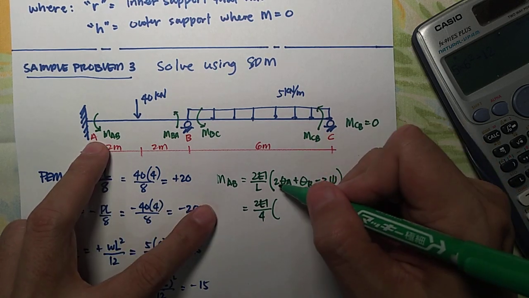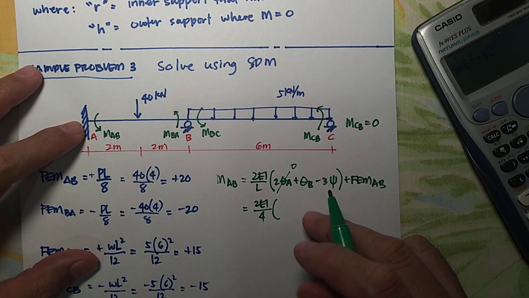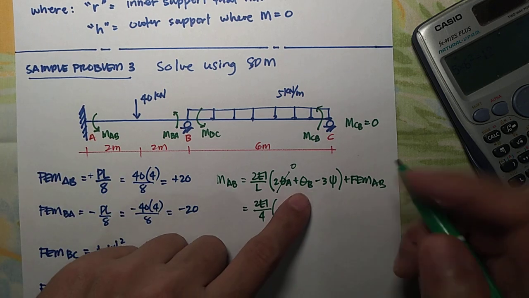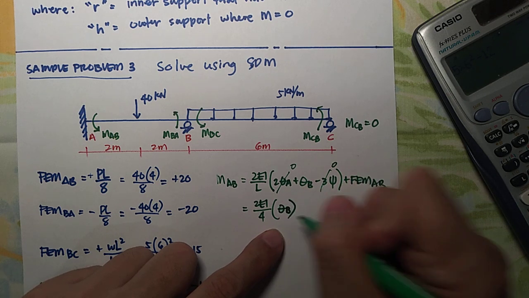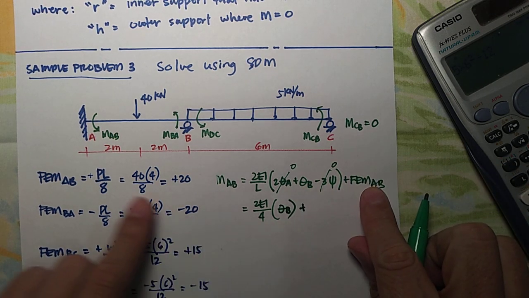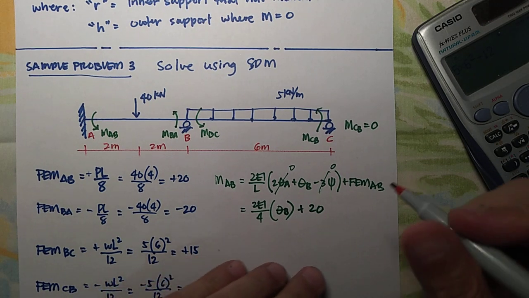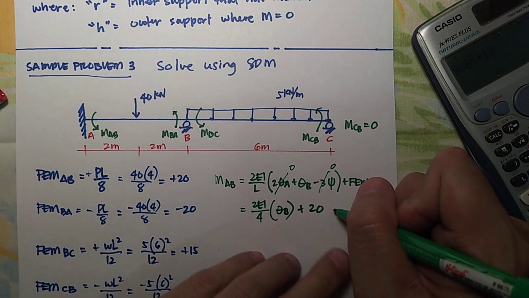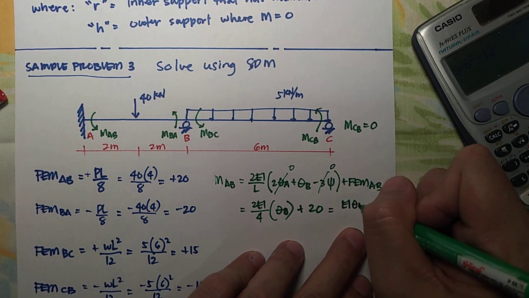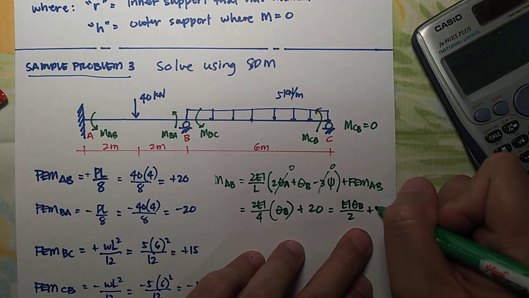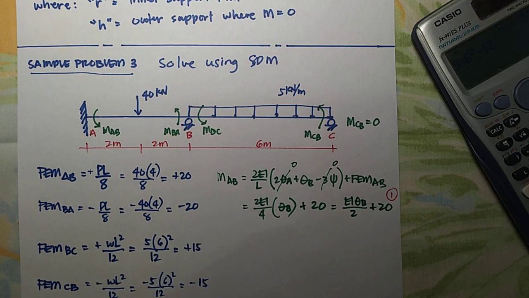Theta A is 0 because this is a fixed support, so the rotation is 0. Theta B has no value, and deflection here is 0. So that would be theta B plus FEM AB is 20. So furthermore, this could be simplified as EI theta B over 2 plus 20. Let me call this our first equation.